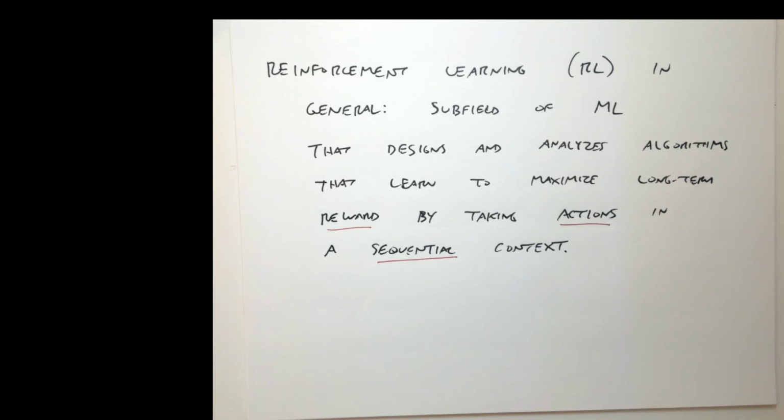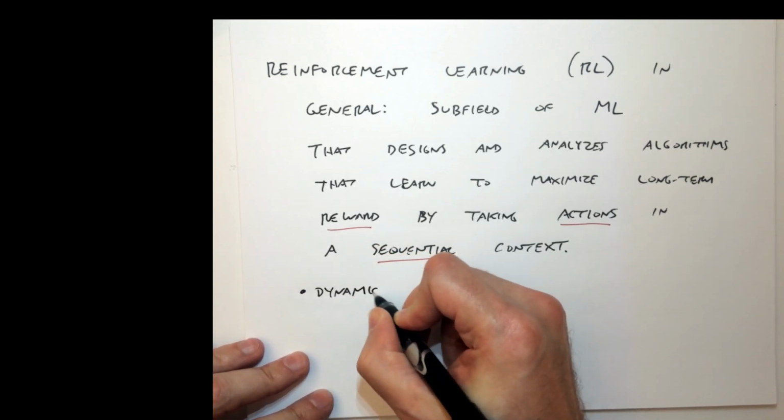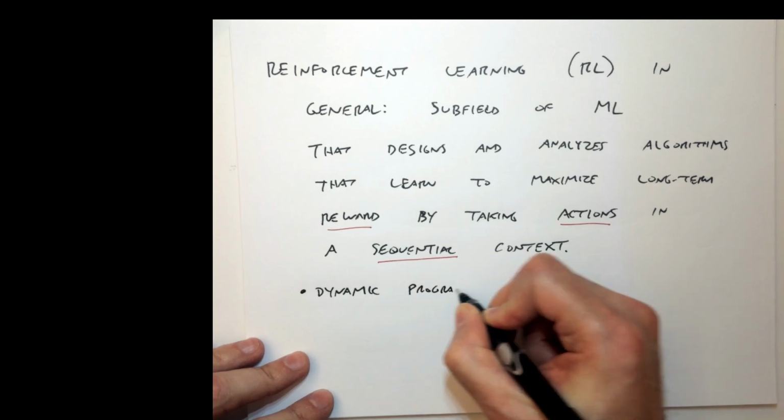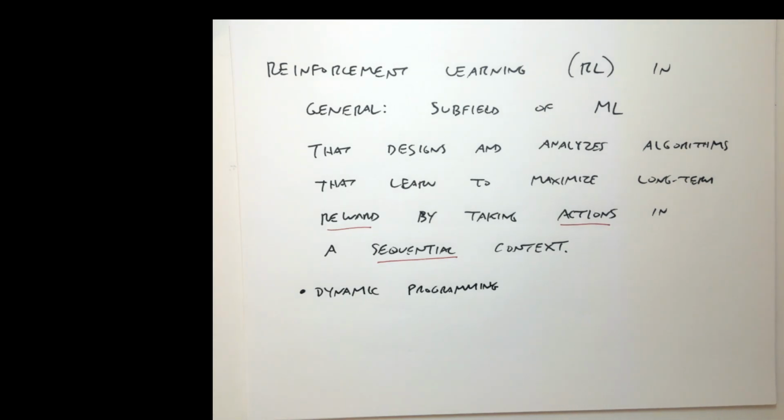And so there are many connections between reinforcement learning and lots of other fields of science and engineering. For example, we talked last time about hidden Markov models, and there are many connections to dynamic programming algorithms. If you're a CS person, you'll find a lot of dynamic programming in reinforcement learning.